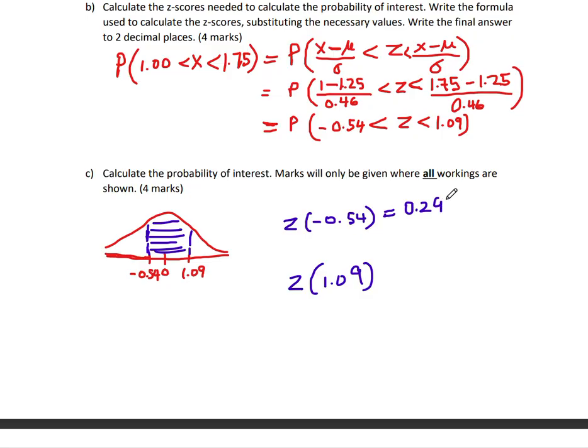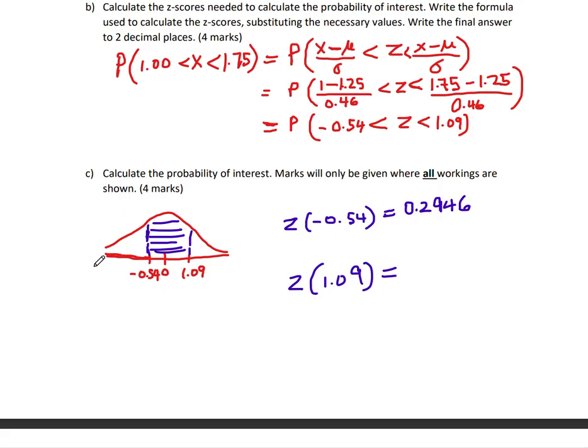When you have these kinds of intervals on the standard normal curve, what you do is take the standard normal table reading for the higher value, which gives you the probability associated with the area to the left of that value, and then also take the probability associated with the lower value, and subtract them. Probability has to be positive, so we subtract the probability associated with the lower value from the probability associated with the higher value.